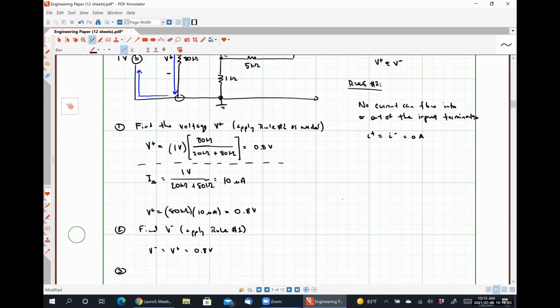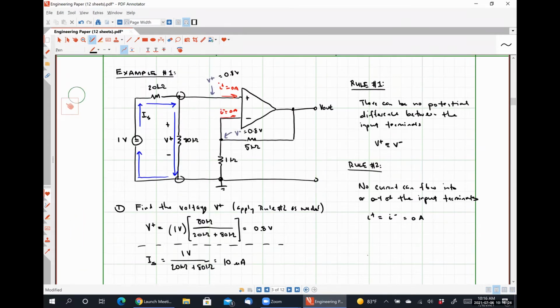All right, so apply KCL where? On the inverting input. Exactly right, the inverting input terminal. So apply KCL at the inverting input, with rule number 2 as needed.